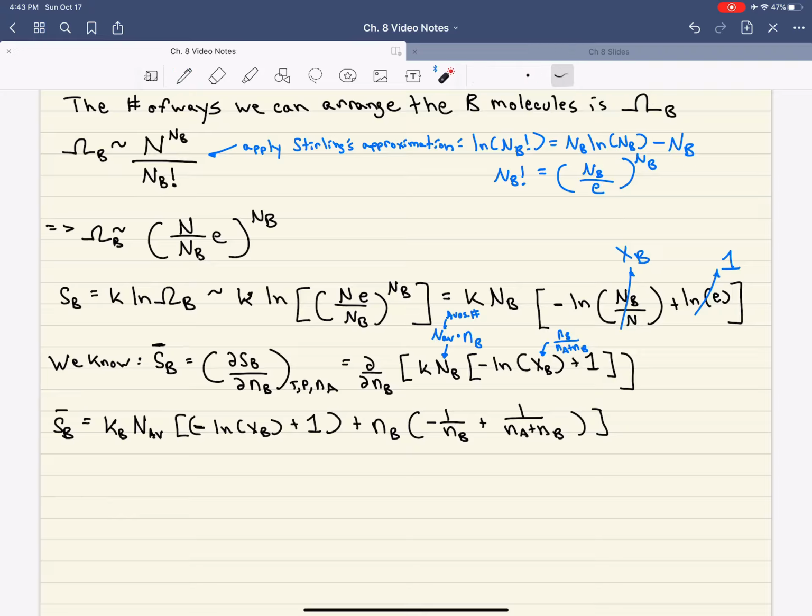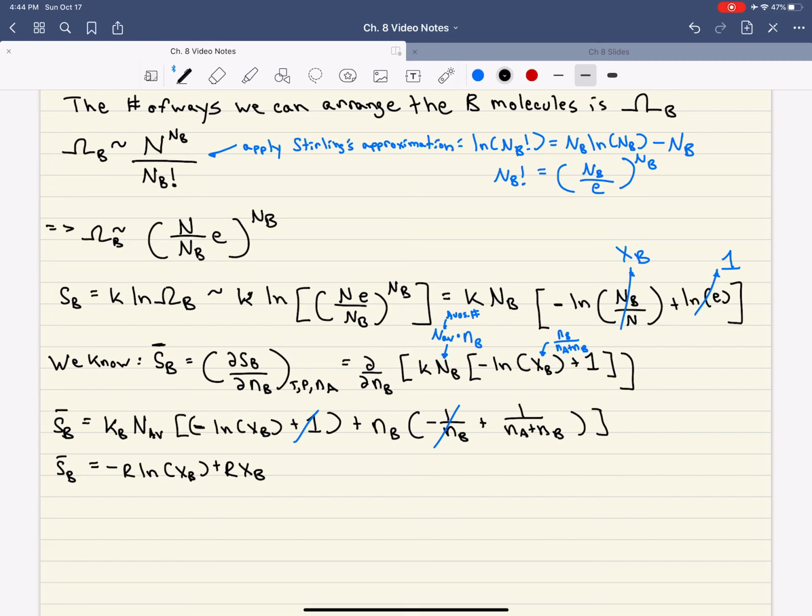And that will cancel out with the positive 1 that we have here. And if we distribute across NB on top of this, we get NB over total moles. And so that will give us back another mole fraction. Plus R xB. Okay. And so we see that the partial molar entropy of species B has this functional form.